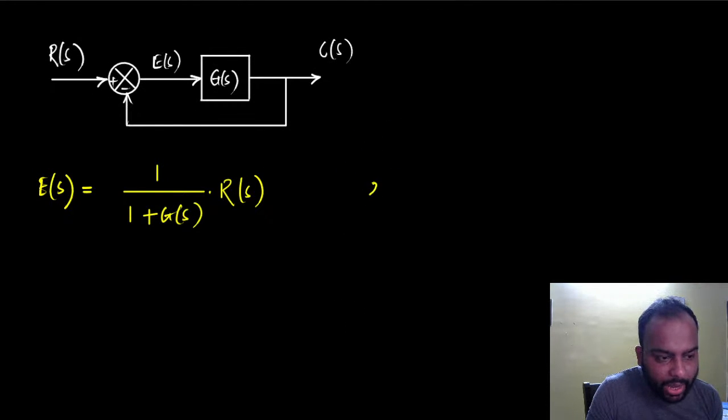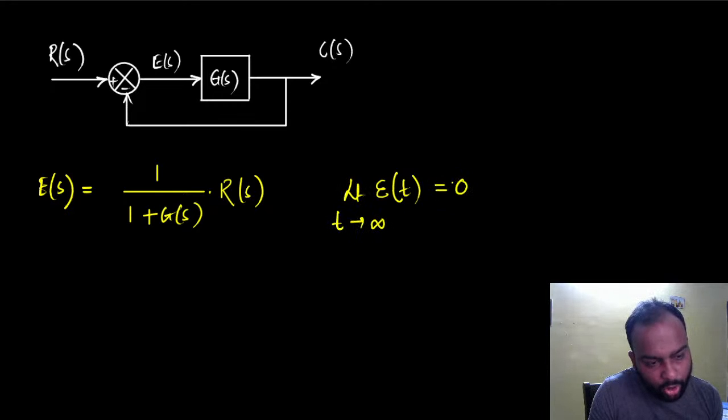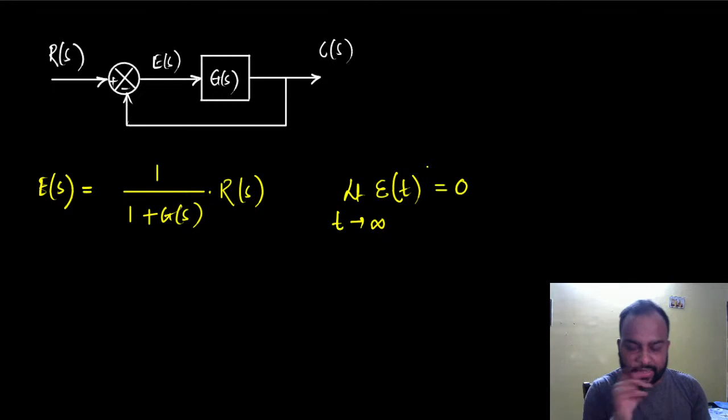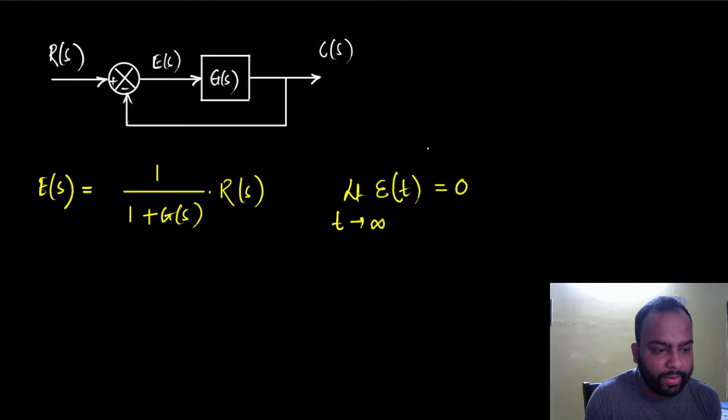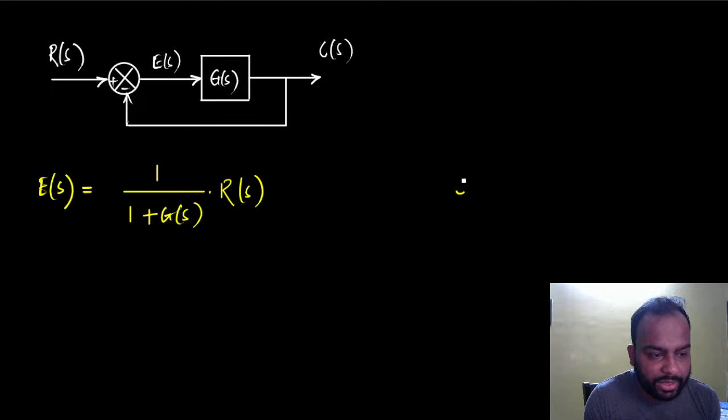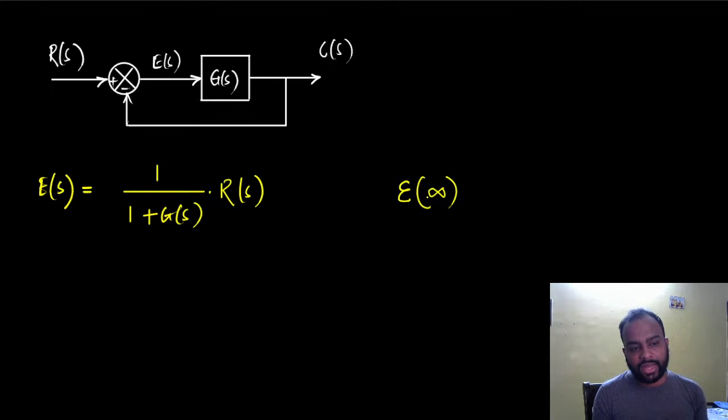I want to figure out whether the error as time tends to infinity becomes zero or not. That is exactly what I want to figure out, or rather the condition under which this happens. So this is essentially E infinity, E at time tending to infinity, right?